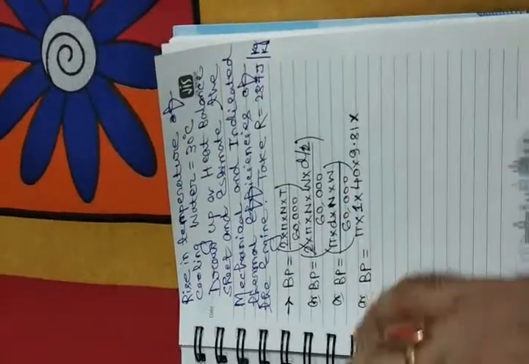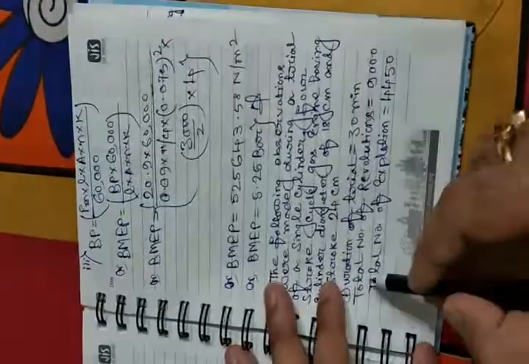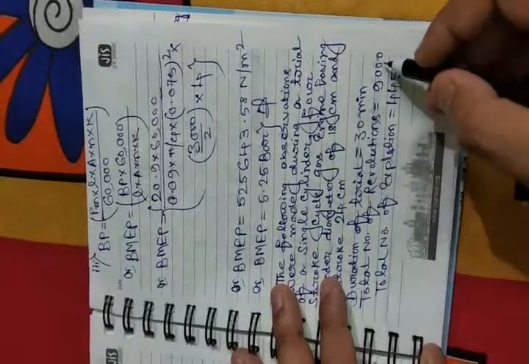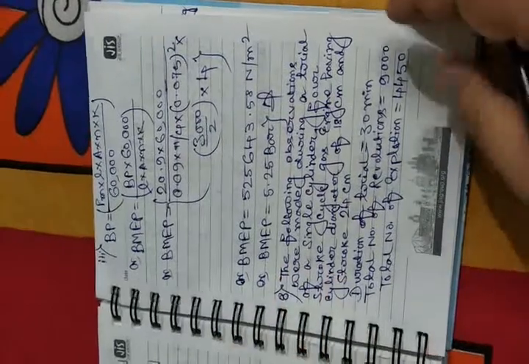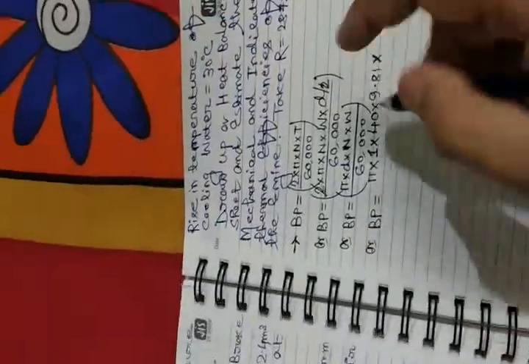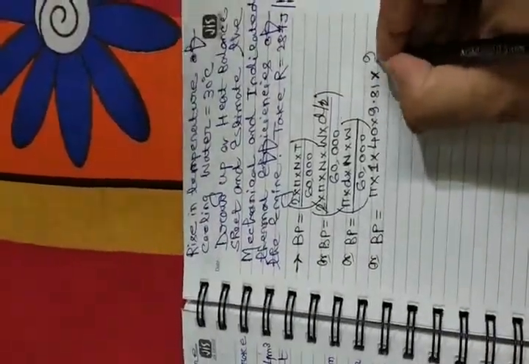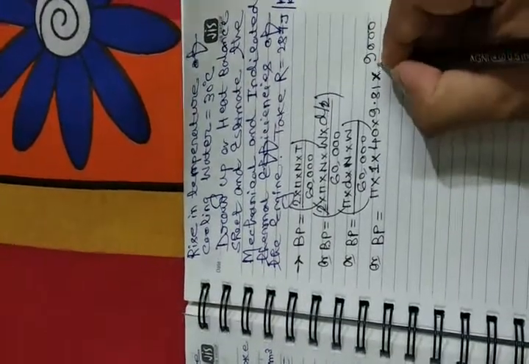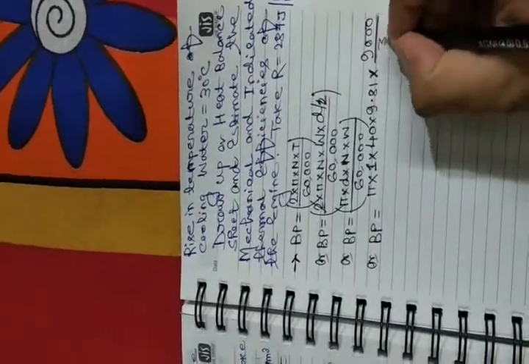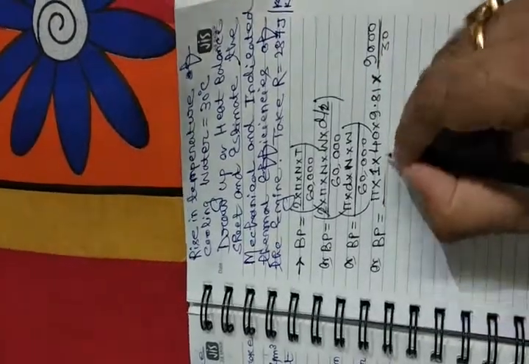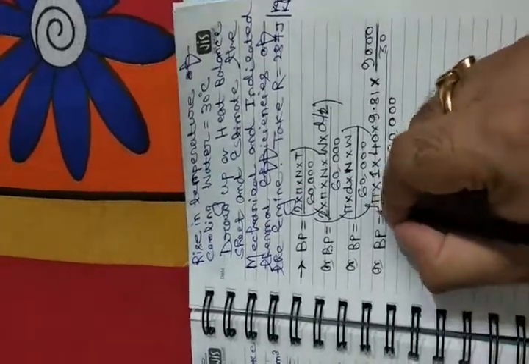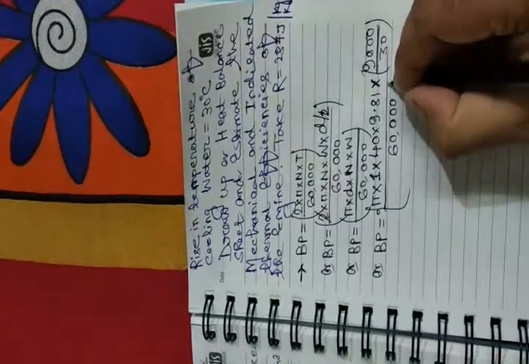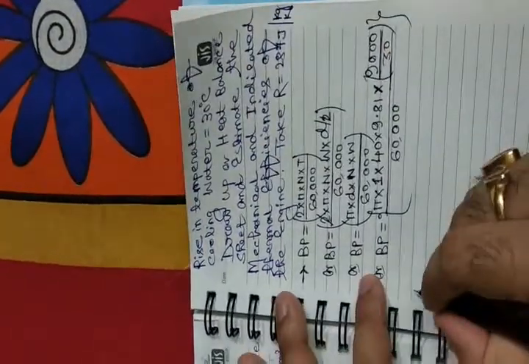Okay, and N here is given: total number of revolutions is 9000 and the duration of trial is 30 minutes. So ultimately it will be revolutions per minute, 9000 divided by 30, and again it will be divided by 60,000. So now we have to calculate the brake power.